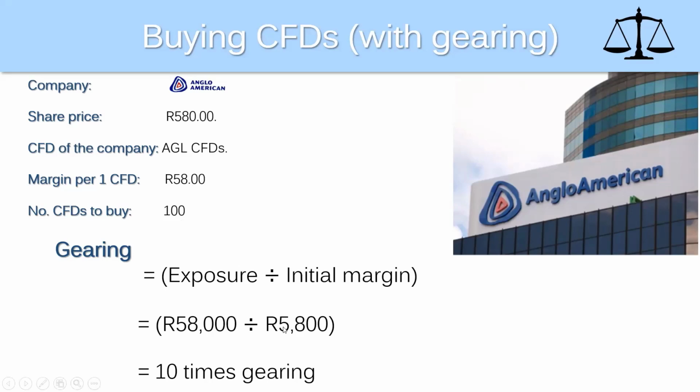You put in 10 times less for CFDs and you gain the full exposure of the shares. Or in other words, you pay 5,800 Rand worth of Anglo American CFDs in order to gain exposure to 58,000 Rand worth of Anglo CFDs, or 100 Anglo shares.